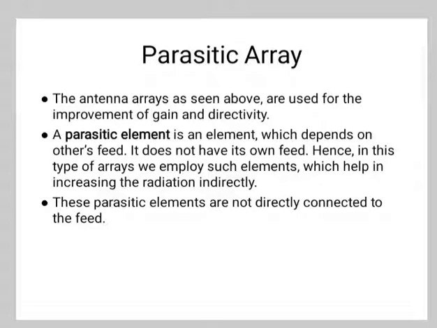The main structure used in the parasitic array is a set of reflectors, and the reflectors are not electrically connected. They increase the signal strength by increasing the directivity of the beam.